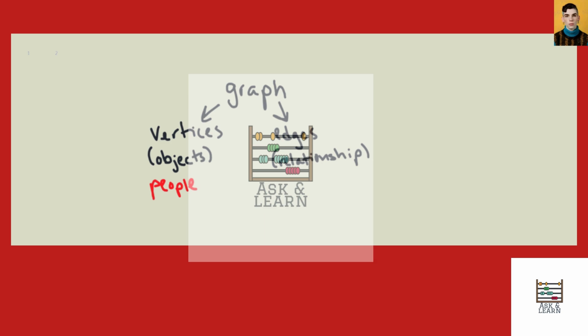Now, the relationship between them: if I'm going to connect two people together, under what conditions am I being asked to connect them? Well, I just need to know if they were alive at the same time or not. So if any pair of people were alive at the same time, I'll add an edge between them. And if they weren't alive at the same time, then I won't add an edge between them.